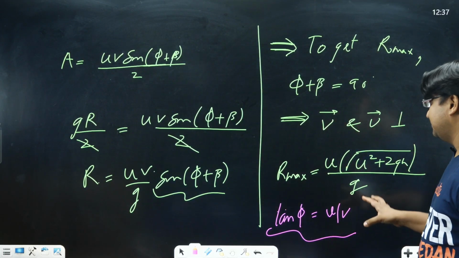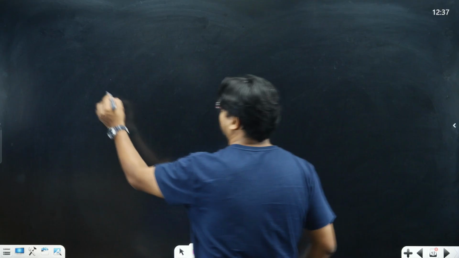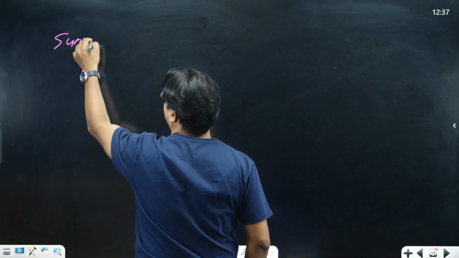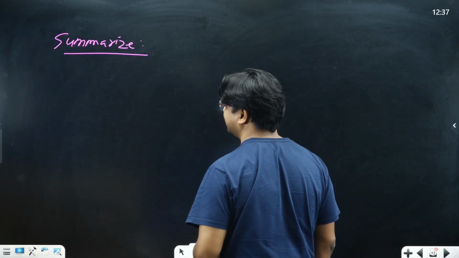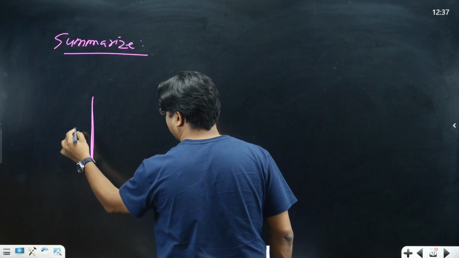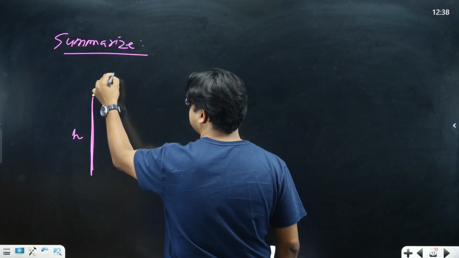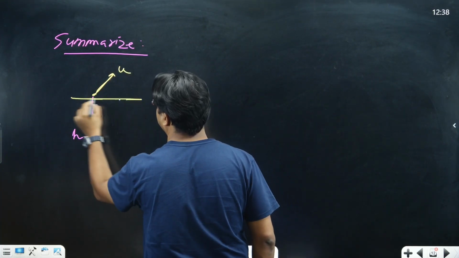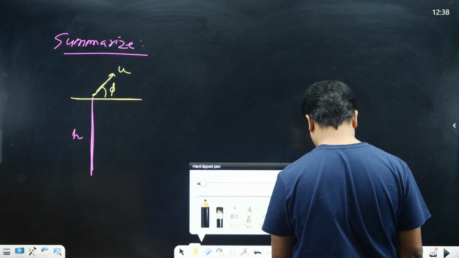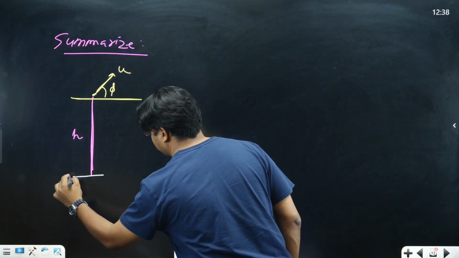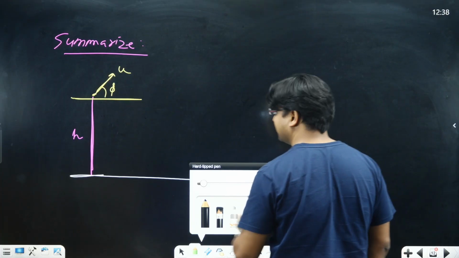So we have obtained this, I'll summarize the results, and then I will prove a lot of things. So if there is a tower of height h and we have been asked to throw a particle with a fixed speed from the top, but we have been given the liberty to choose phi such that the particle lands at a maximum distance from the tower.